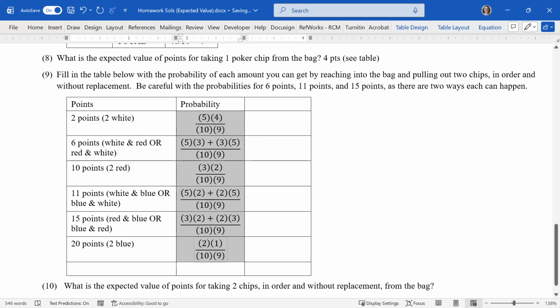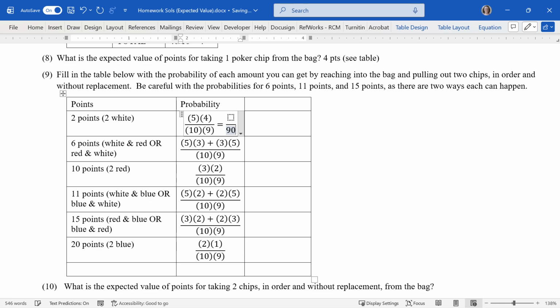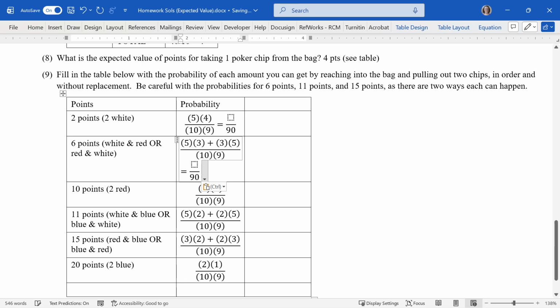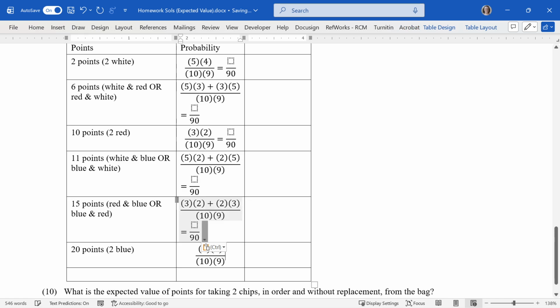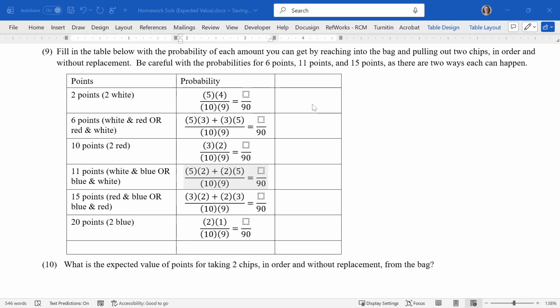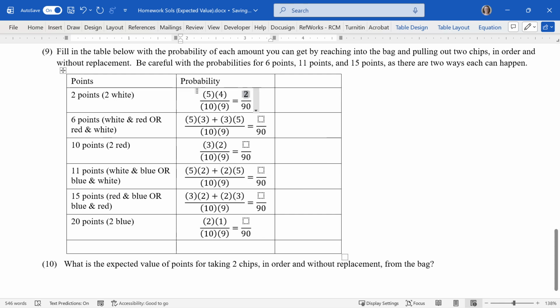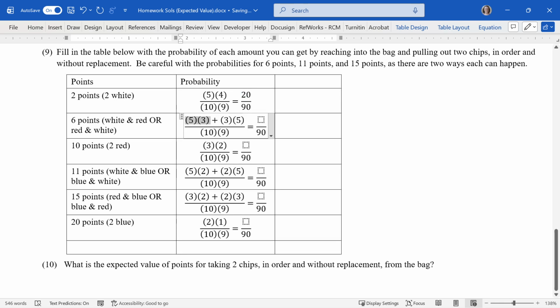These are a little more complicated than some of the previous ones that we've done. I am going to simplify these a little bit by actually multiplying together the numerator and the denominator. I'm just going to go through and put equals something over 90 in all of them first, just to speed this up a little bit. Okay, so 5 times 4 is 20. Okay, 5 times 3 is 15.